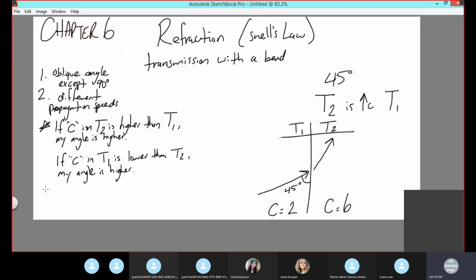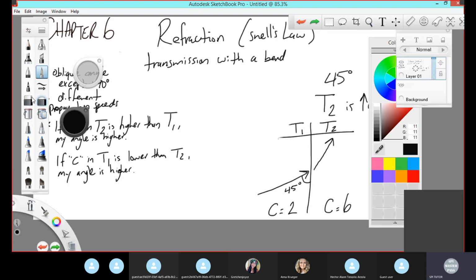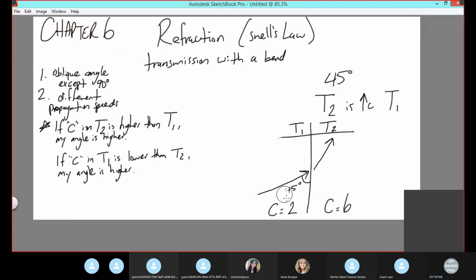So now I make my other rule. Now I want to know what happens if tissue 2 is lower. Because this is all tissue 2 being higher. What happens if tissue 2 is lower? So let's make tissue 2 lower. Now tissue 2 is lower than tissue 1. Okay, so there's my other rule. And I can take it from this rule right here.